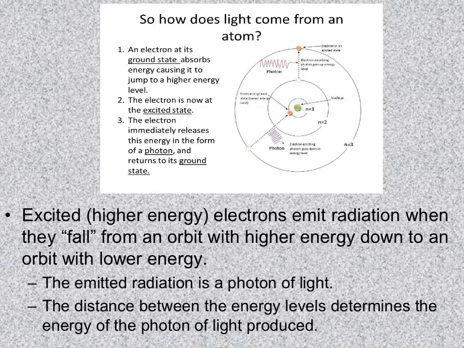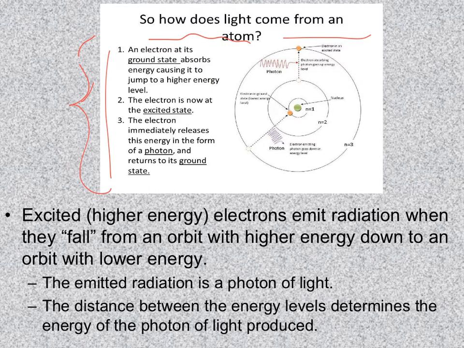I'm spelling it out a bit more in detail, and what I think is really fascinating is the knowledge that all light, absolutely every single source of light in our universe, is a result of an excited electron falling back down to a lower energy level and then emitting that extra energy it did have in the form of some type of light. And so here are the steps written out for you. And that's something you should be able to explain back to me as well as draw a picture.